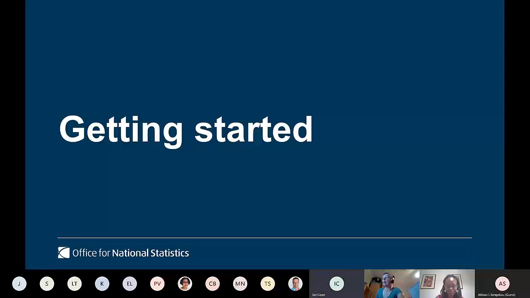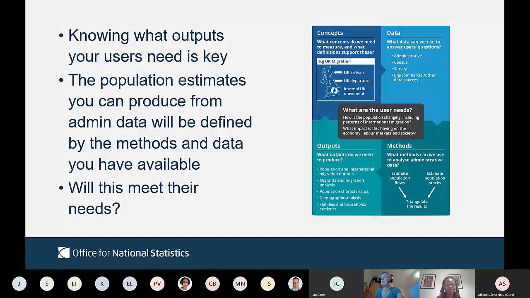Yeah, so just getting started on our journey was quite daunting given how much we had to achieve, but our starting point has always been the population statistics that our users need. And the diagram on the right, although it's not something that we developed very early on, it's a relatively recent diagram, sort of aims to show that our user needs are at the heart of what we do, and in that context it's really important to understand what we need to measure when we refer to population estimates.